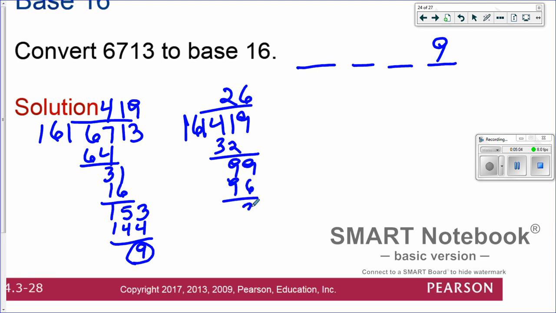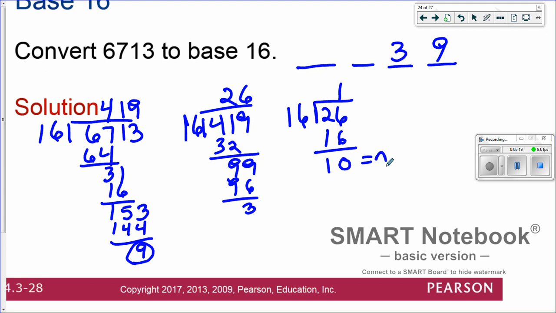And now here's my remainder of 3. So this 3 is going to come up here. Okay, so now I'm doing 16 into 26. That's going to go once. And now I have my dreaded remainder of 10. That's equal to A. So that's going to go here. That's going to be an A.